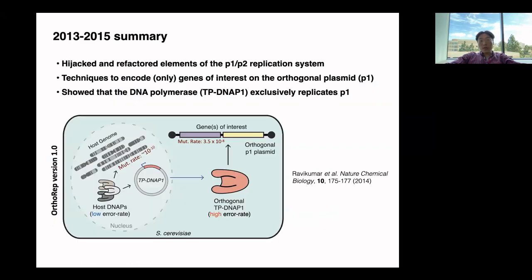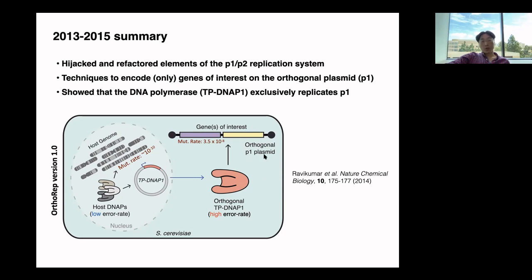And so this observation of an unusual natural genetic system basically set the course for the early developments in my lab. We set out to first hijack and refactor the elements encoded on this replication system, and work out the genetics for putting our gene of interest on here rather than what already exists.